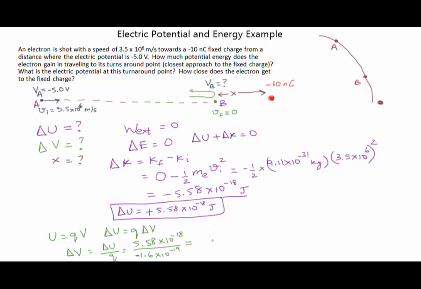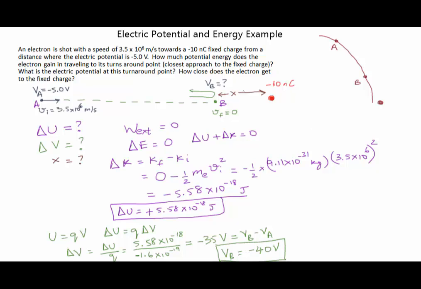And so that'll give me minus 35 volts. Joules over coulomb is volts. So that's the change in electric potential, which I can write as VB minus VA. And since I know VA is negative 5 volts, when I plug that into this equation and solve for VB, I will get VB is minus 40 volts. So there's my answer to the second part.